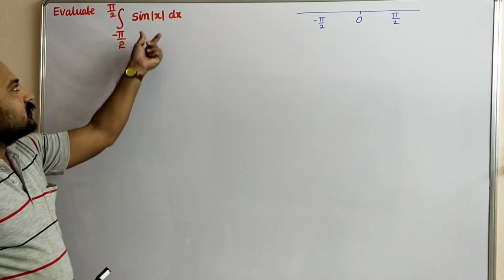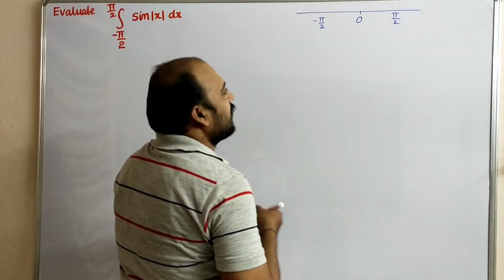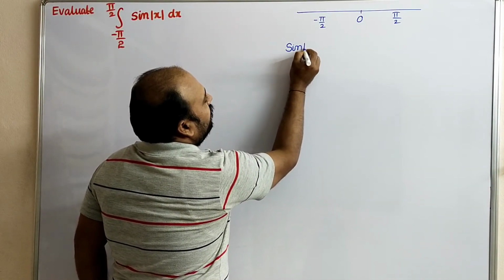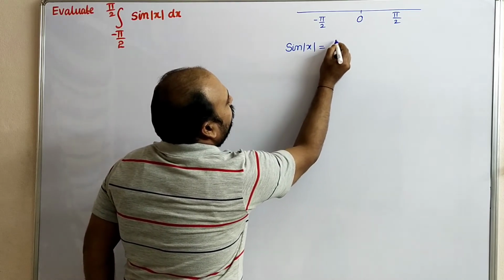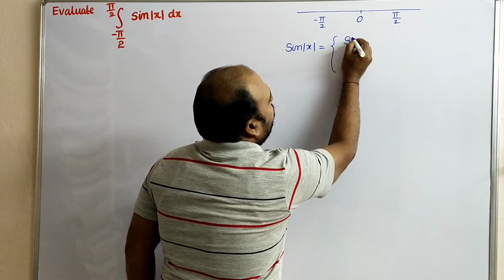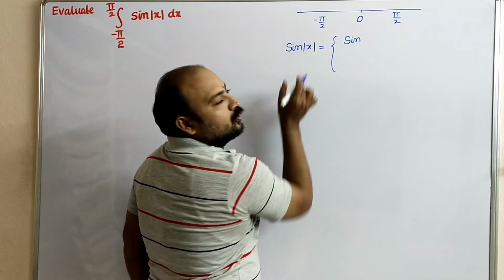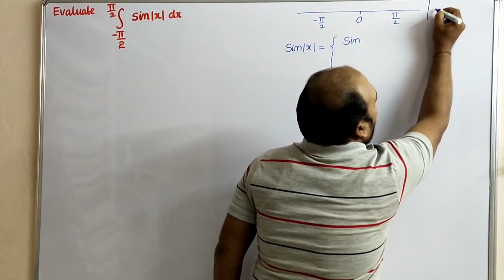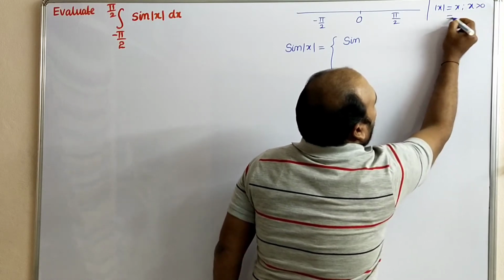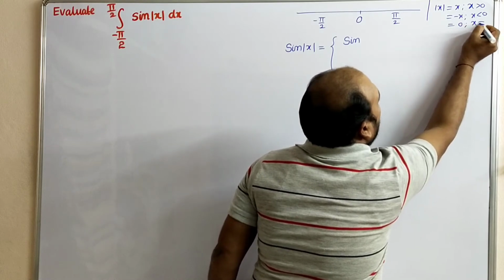Based on the mod x value, see here, sin mod x, which is equal to sin of this mod x value. We know the definition of mod x. Mod x is equal to plus x when x is greater than 0. Mod x equal to minus x when x is less than 0. Mod x equal to 0 when x is equal to 0.